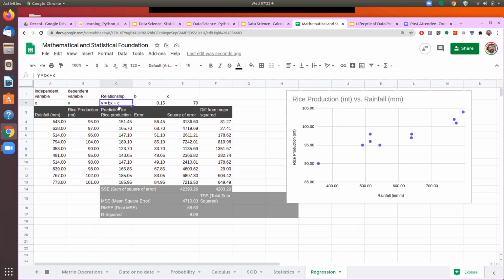So the constant means that if the other features, other inputs or other independent variables are brought to zero, even then this is what the value of y would be. So in this equation, we are now saying that the minimum production will be 70 million tons.